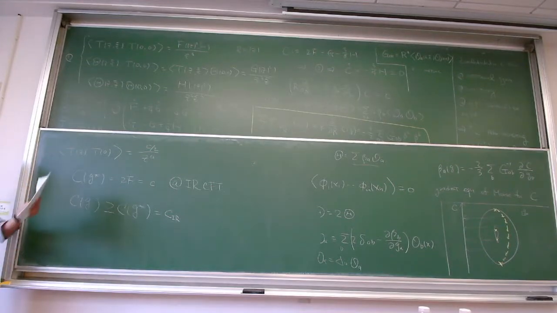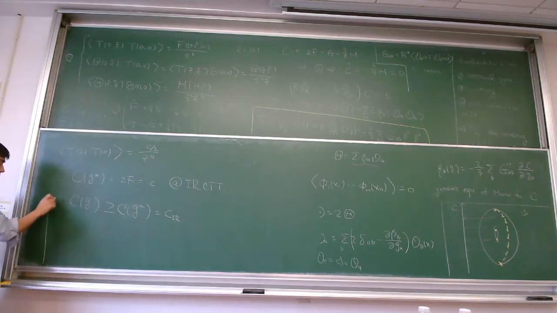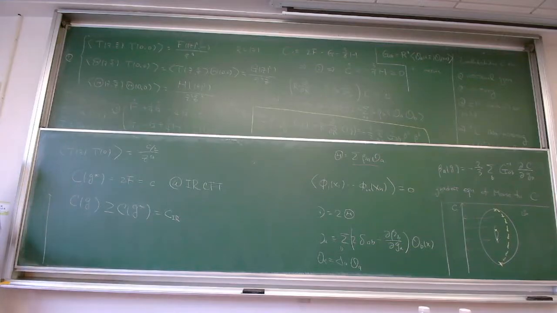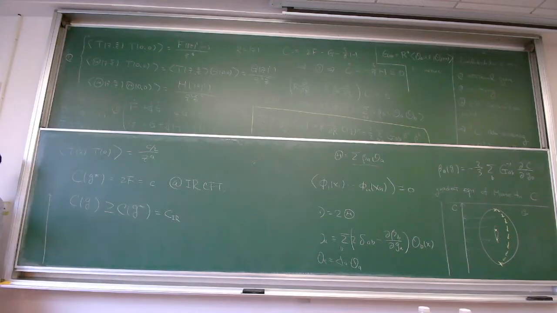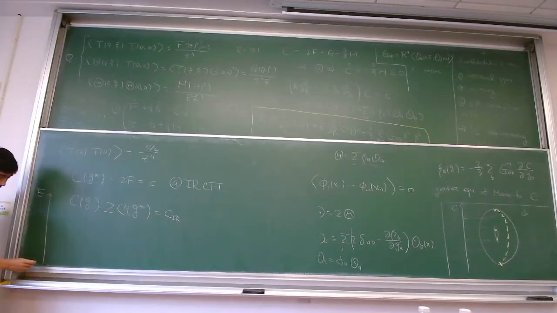So therefore, since from UV to IR, you have to integrate out all the massive fields. So renormalization group is just coarse graining. So you just go to low energy. Whatever the energy scale, and then whatever low energy IR.